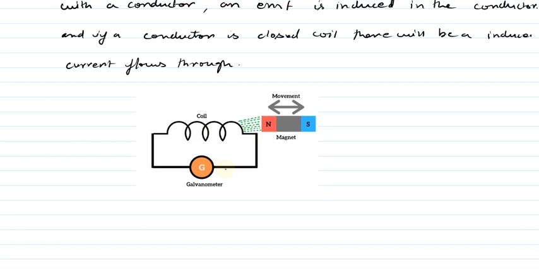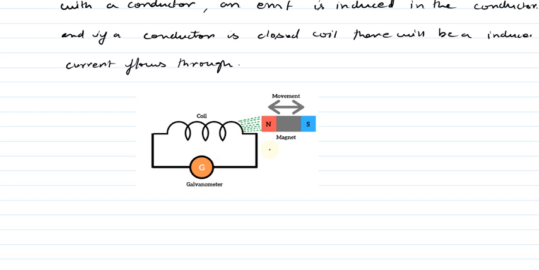We are not considering direction now because it will be part of Lenz's law. So if a magnet is moving through a coil, then there will be an induced current in the coil, which can be shown by the deflection of the galvanometer.